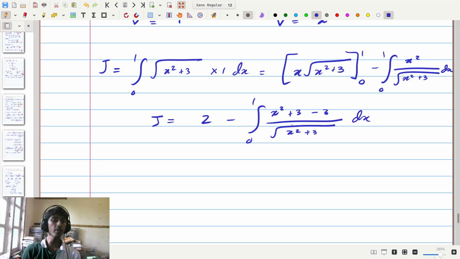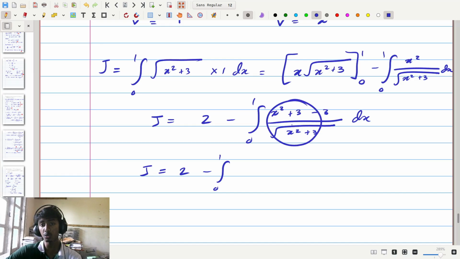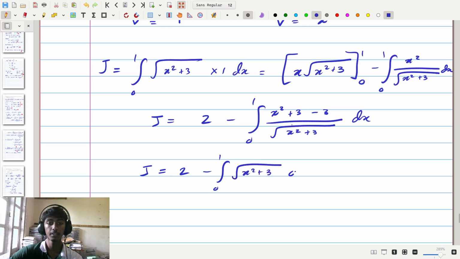Now the reason I'm doing this is because you can see this term and this term is exactly equal to the square of the square root of x squared plus 3. Due to that, I can take the two terms and separate them, and if I do that, I'm going to get J equals 2 minus the integral from 0 up to 1. And here, if I take these two terms, I'm going to get simply the square root on top, since if I divide this thing by its square root, I'm just going to get the square root of x squared plus 3 dx.